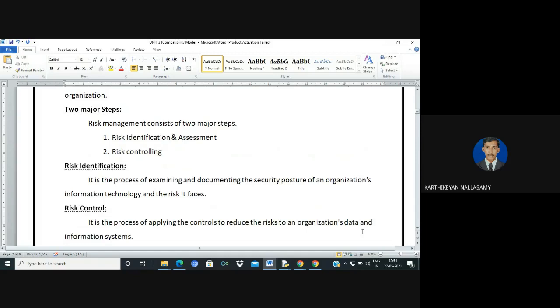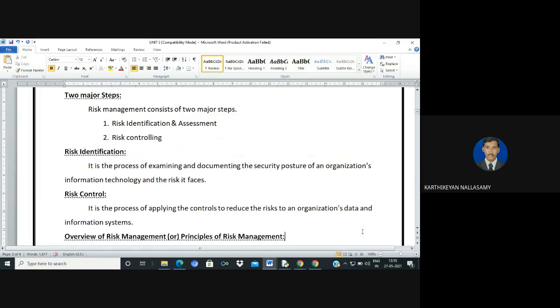Risk identification is the process of examining the entire organization in order to identify the major impacts and the different types of risk associated with the particular information, and documenting everything, including the methodologies normally used by the organization which faces the risk.